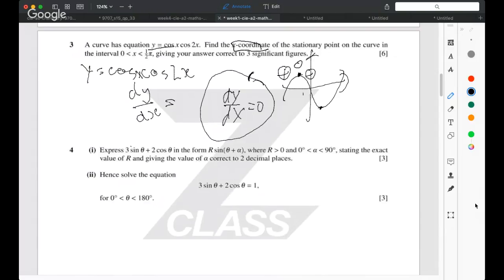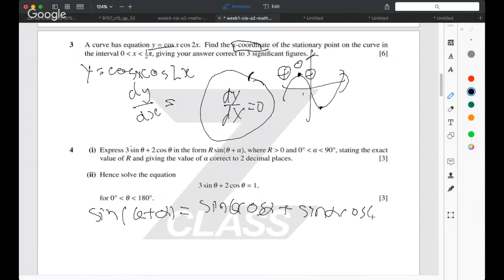So what is it? Sine a plus b, so theta plus alpha. It's going to be sine theta cos alpha plus cos theta sine alpha.